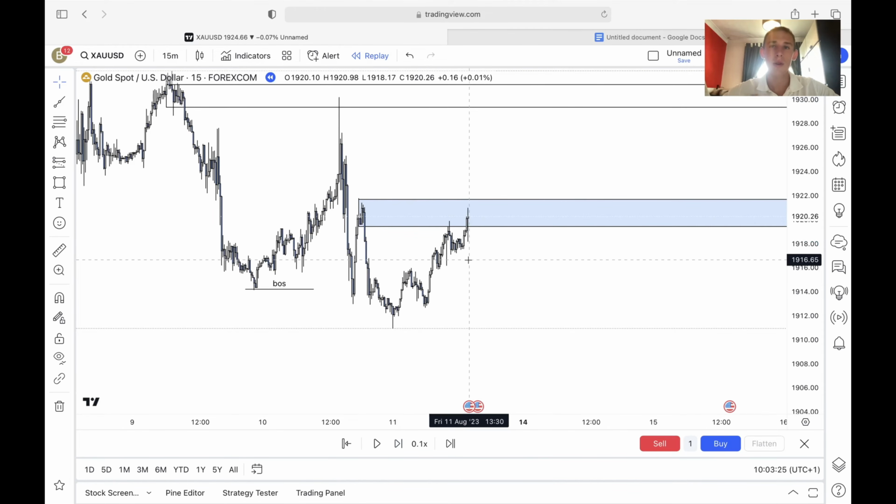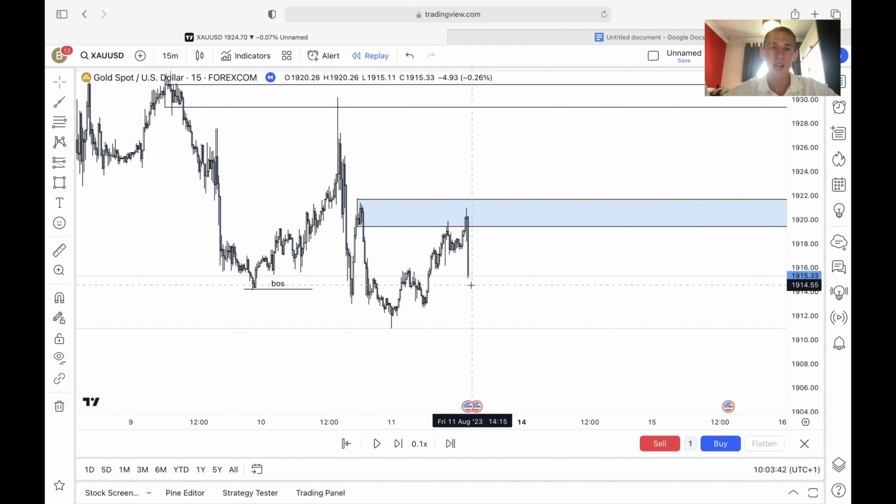A lot of the times what you'll see with this strategy is that when we have these areas of supply or demand, price will initially push away like this, and then it will come up one more time, sweep the people that sold early, and then take out the low, and that is our confirmation.